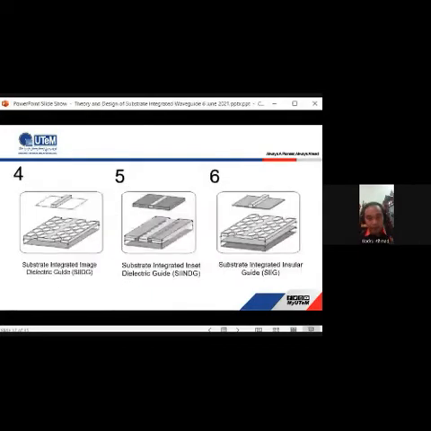The fourth one is the substrate integrated image dielectric guide, number five is the substrate integrated inset dielectric guide, and lastly the substrate integrated insular guide. As you can see, these six are part of the family, part of the concept of substrate integrated circuits, but the most popular is the substrate integrated waveguide, the first structure, or first figure, that I showed just now. Okay, next.